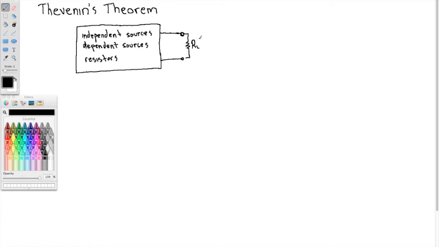So you're changing RL, which we illustrate with an arrow through RL. You're interested in how much voltage is going to develop across that load, call that VL, and how much current that load is going to draw, call that IL, from the circuit inside your wall.